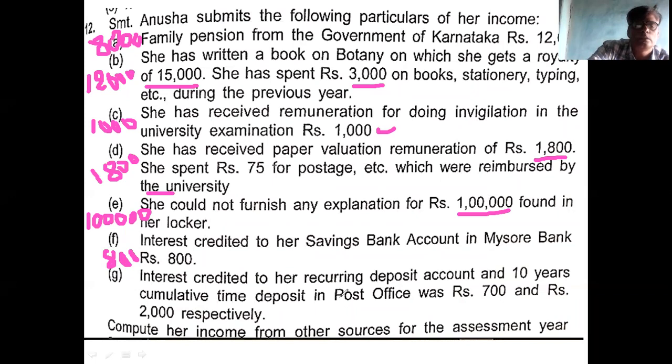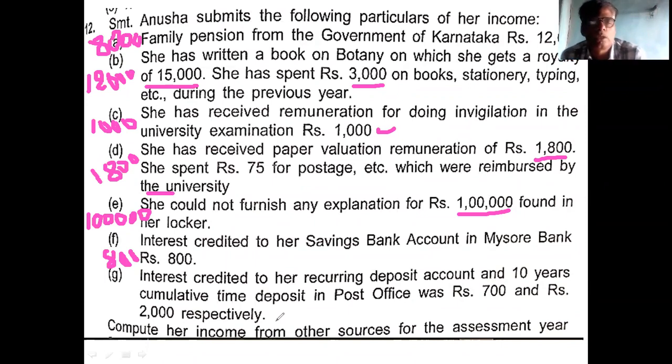Then next is interest credited to 10-year recurring deposit account and 10-year cumulative post office deposit, rupees 700 and rupees 2,000 respectively.